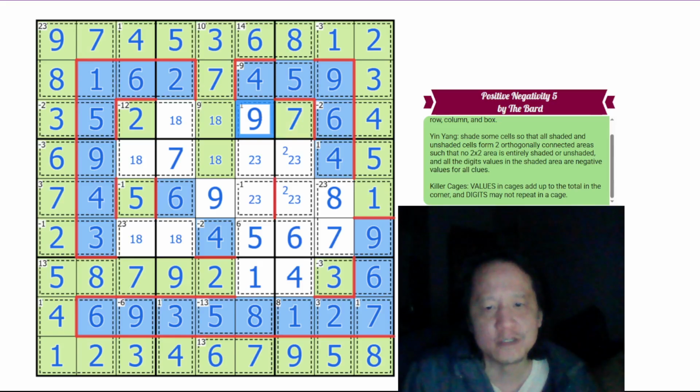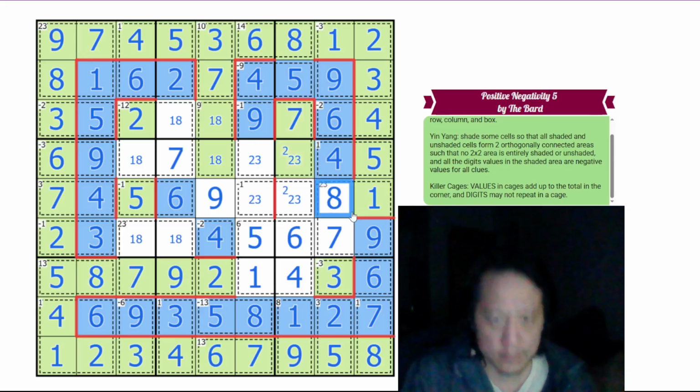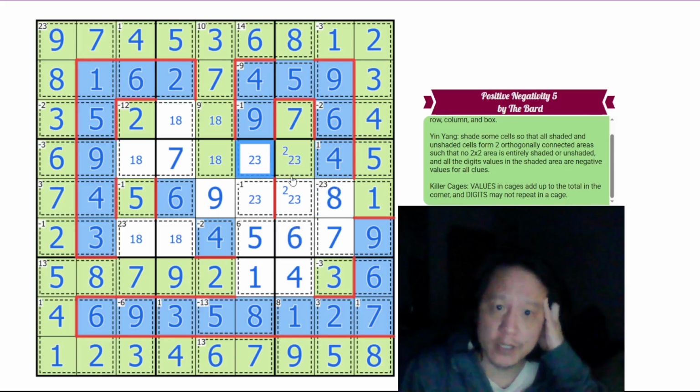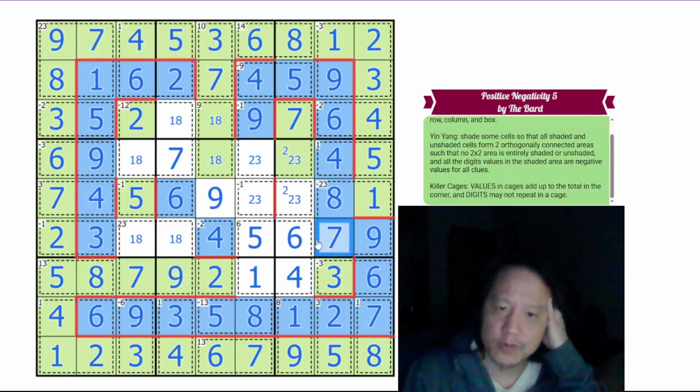So therefore, this is negative. The green has to connect out to the rest of the green regions, so this is green. If we try to have another green here, that doesn't work. Sorry, these are both blue because it's 8 and 7, giving you negative.